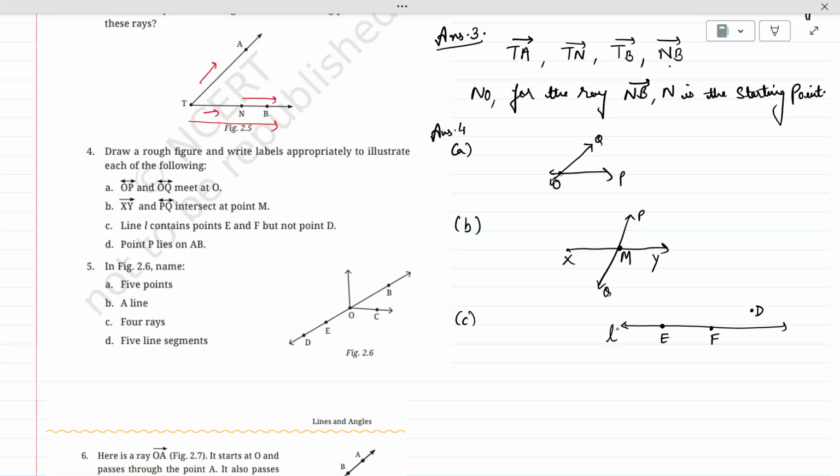So this is a line L which has arrows on both the sides, and it has 2 points on it, E and F, and then there is another point D which is not on this line.